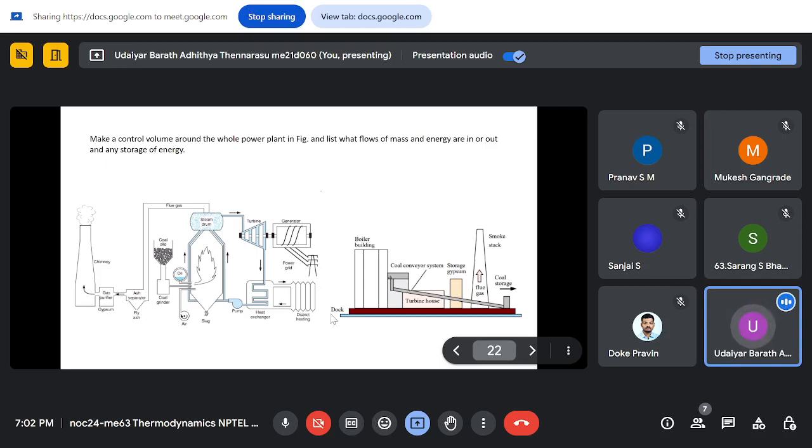It's not used here, but abroad you can use some of the heat which is produced for heating houses in cold climates. So in that form you are transferring some heat. So this is the overall power plant.